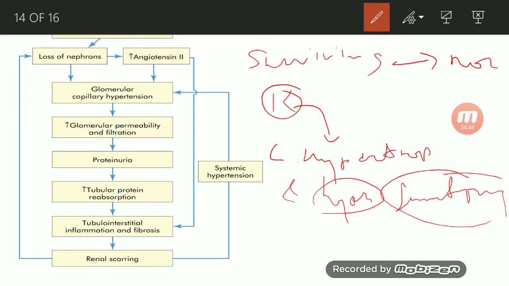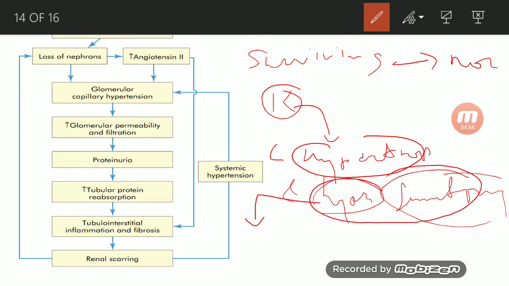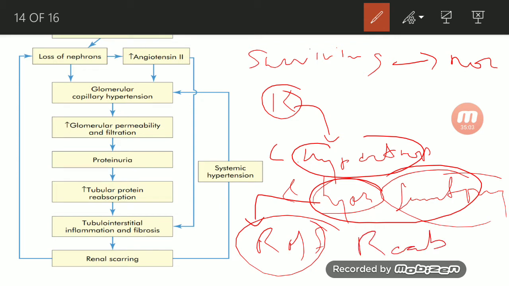By increasing size and activity, they sustain normal kidney functions: the rate of filtration is sustained, reabsorption is sustained, as well as secretion.